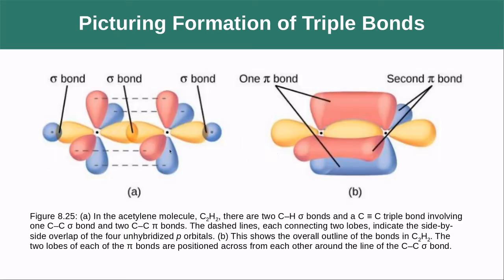Triple bonds can be formed when there are 2 unhybridized orbitals, each with an electron in it. In this case, we're forming acetylene through 2 side-to-side interactions with those p orbitals.